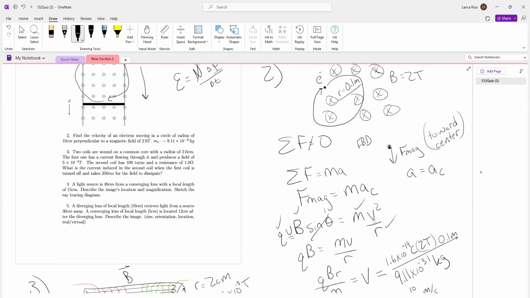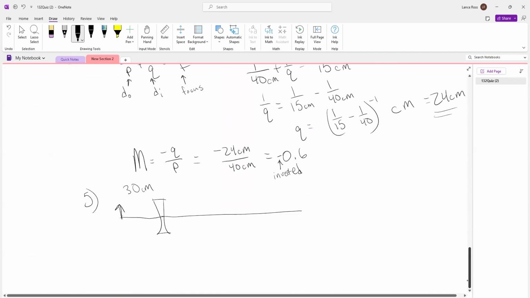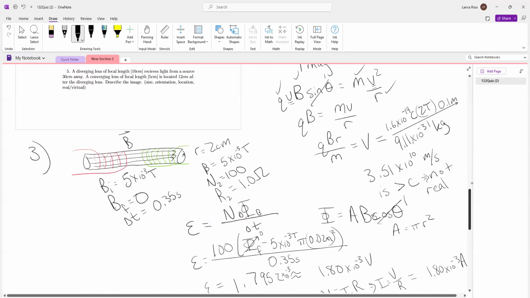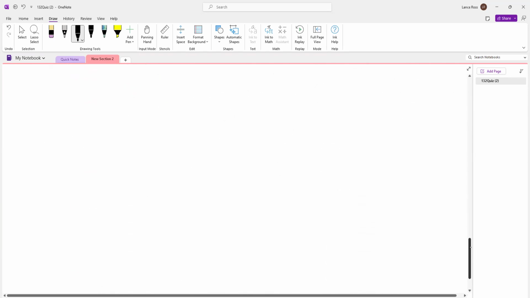A converging lens of focal length 5 is 12 centimeters past the diverging lens. So here's a converging lens that's 12 centimeters away.